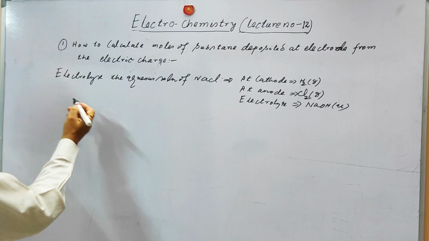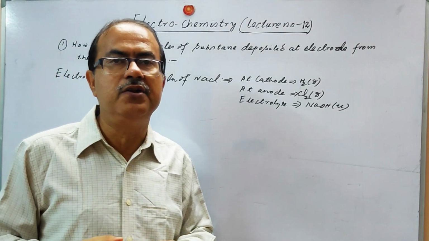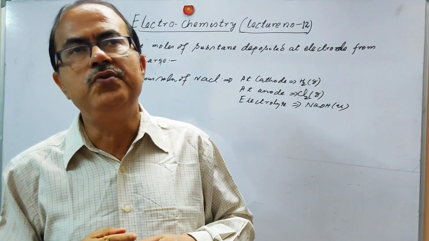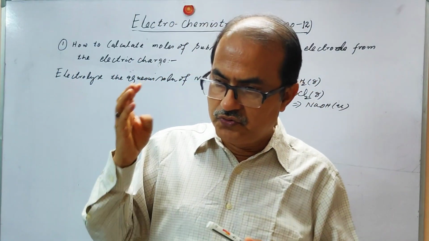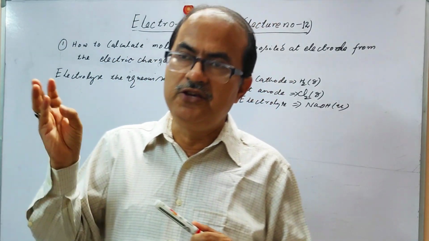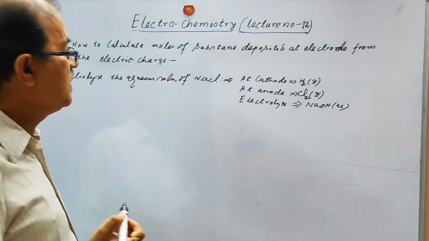Let us understand. The aqueous solution of NaCl has sodium ion and Cl- ion from the NaCl, then H+ ion and OH- ion from the water.